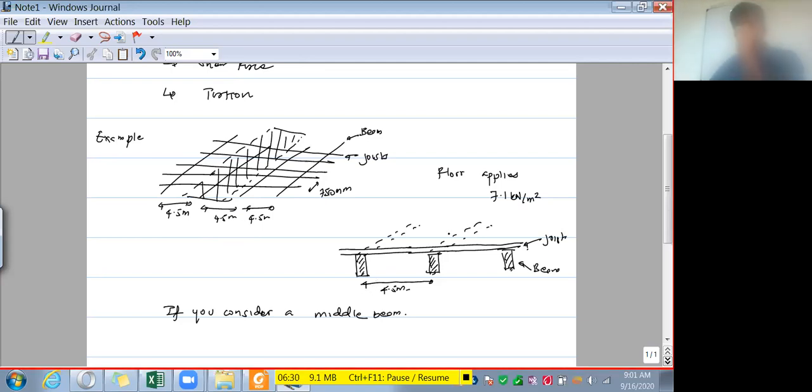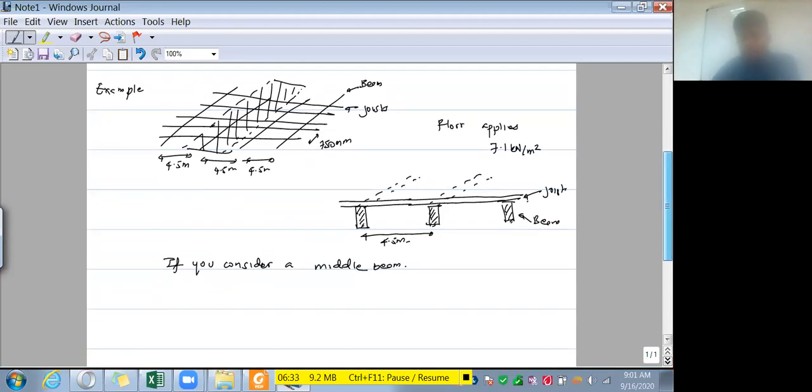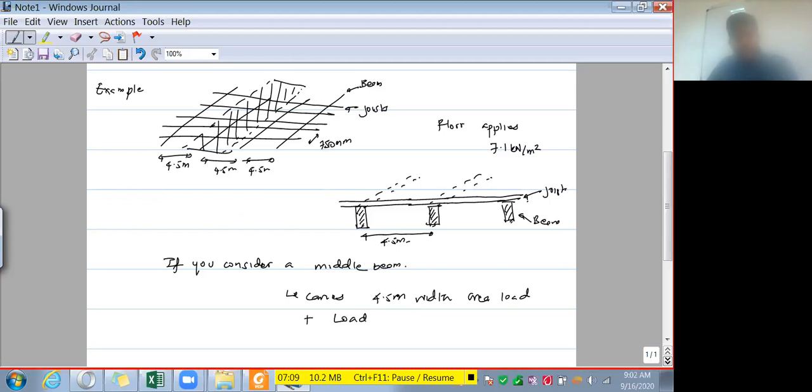Plus, the load of those joists also will be transferred to the beam. So the middle beam carries the 4.5 meter width area load plus the load or weight of the joists.